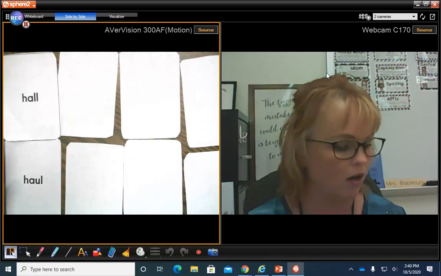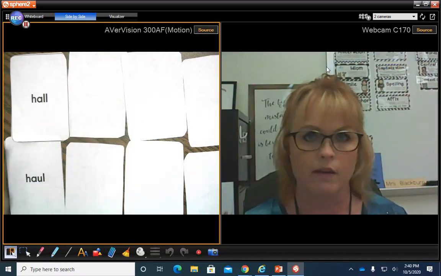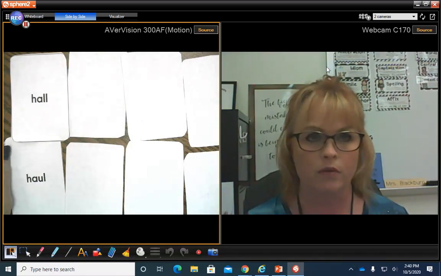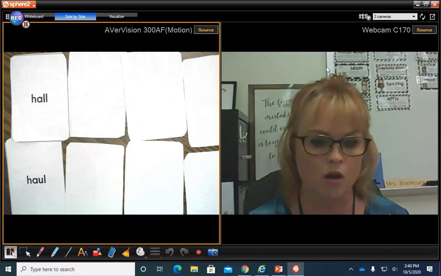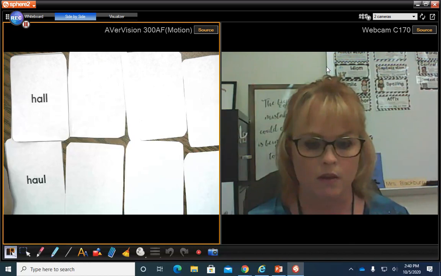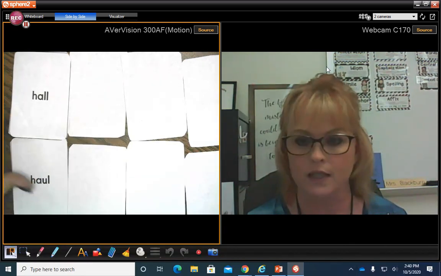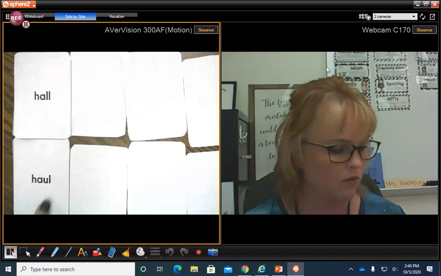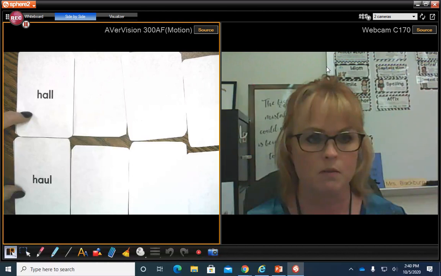This kind of haul would be like a load of something that you were carrying. So we had to haul a lot of wood in the truck to the cabin. So that would be like to haul or to carry something. So these are homophones again because they have the same pronunciation.